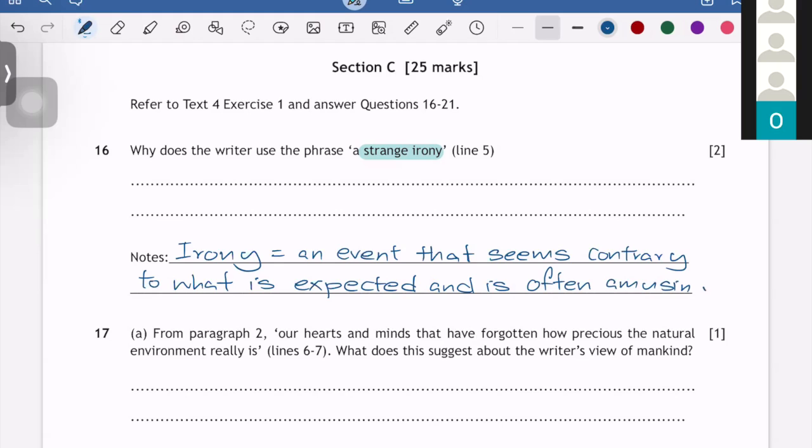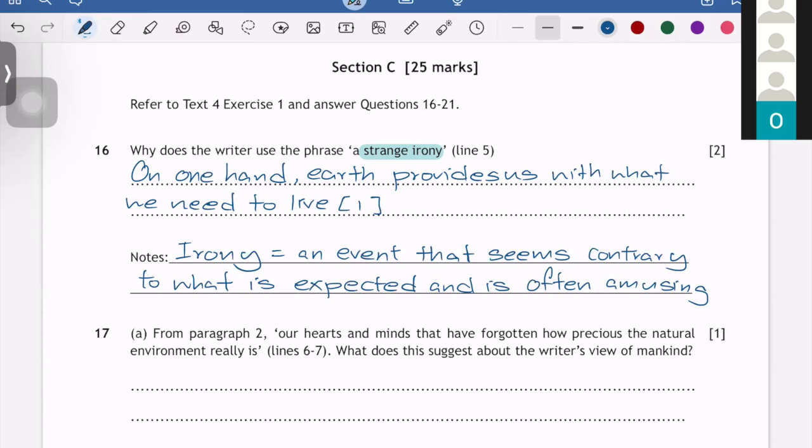So this can be found in line 5. This is talking about how Earth provides us with resources that we need to survive. However, due to the activities that we do through our daily lives, we are putting Earth at risk. So that is the strange irony. So it's a 2-mark question.